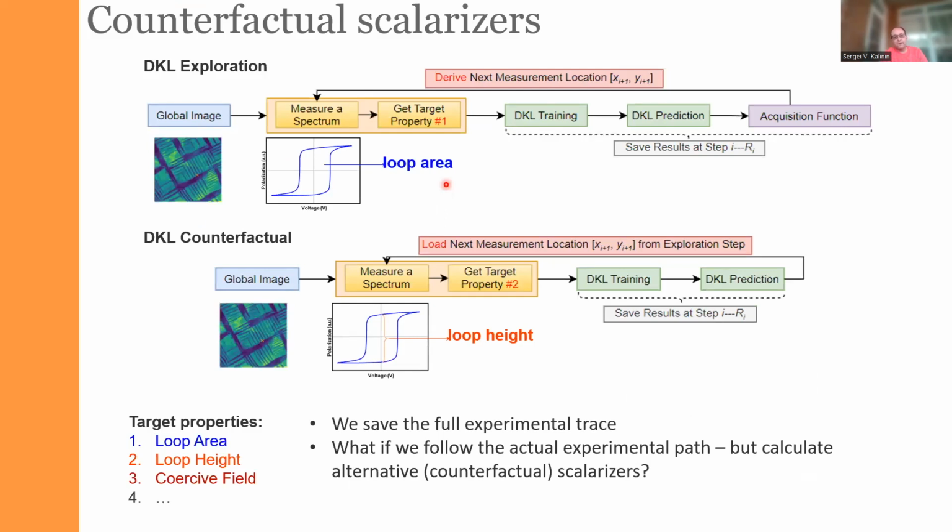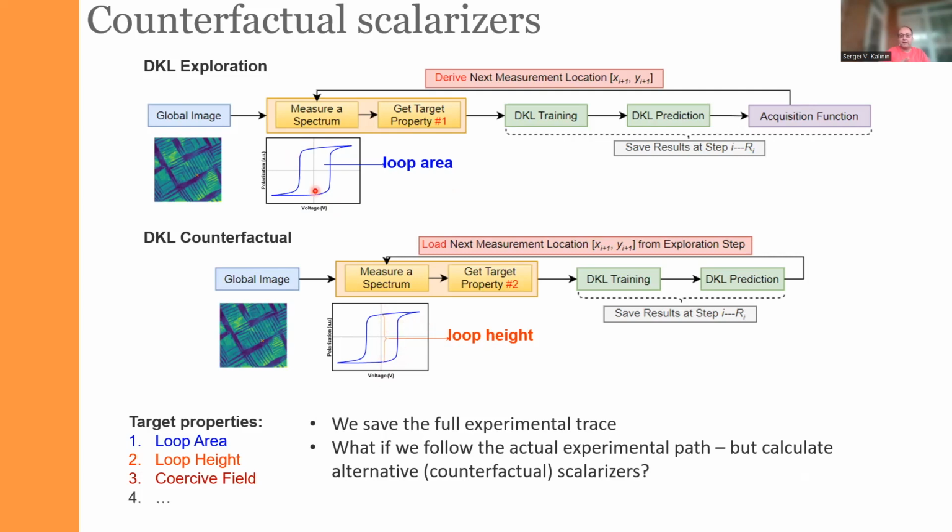There are other things we can do. If we work with pre-acquired data, we can also define counterfactual scalarizers. In this case, imagine that we run the experiment on one specific scalarizer, for example, loop area. We can also calculate the counterfactual targets. For example, we can say what would have happened if our next step were loop height rather than loop area.